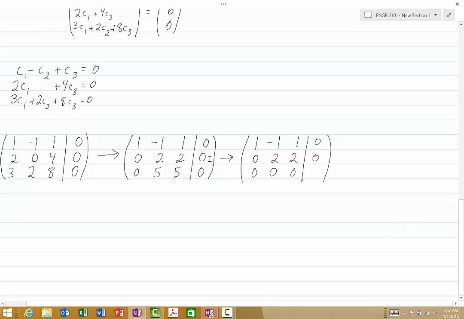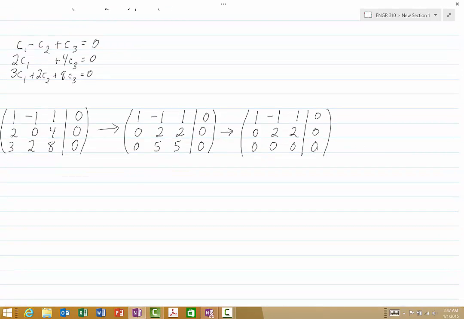And -5/2 of 0 is 0, plus 0 is 0. Now we have all zeros below the main diagonal, and so we're ready to go back to equation form.